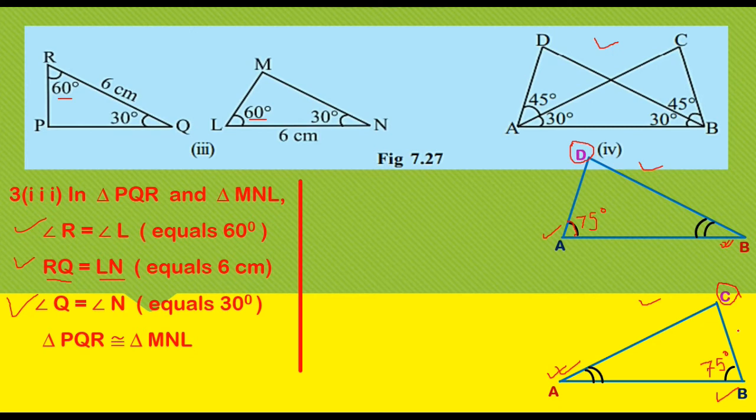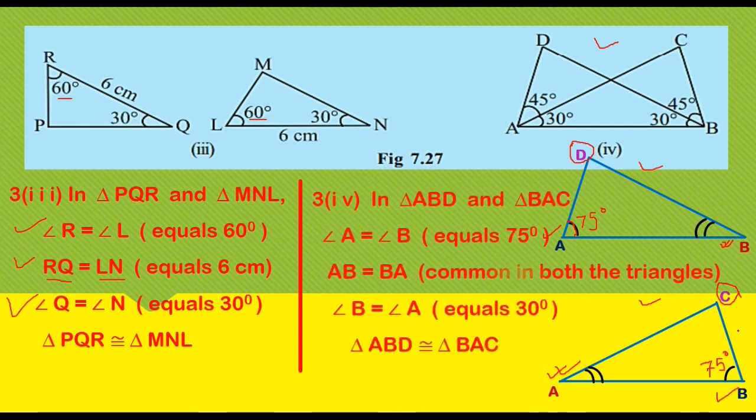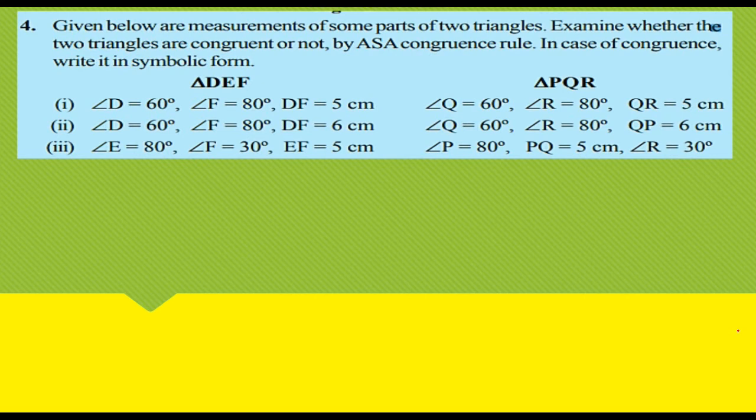So in these two triangles we have angle A equals angle B, AB equals BA, and angle B equal to angle A. So by ASA criteria we have triangle ABD congruent to triangle BAC. Question number 4. It is having 3 parts. 2 triangles are given, DEF and PQR.